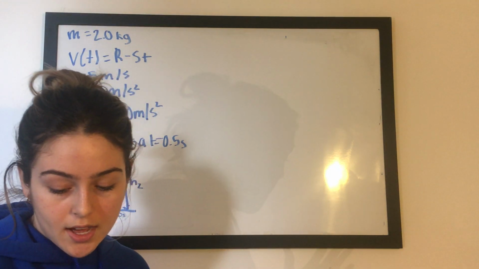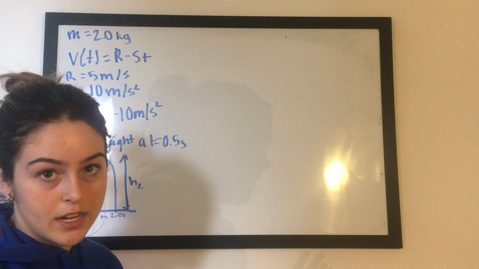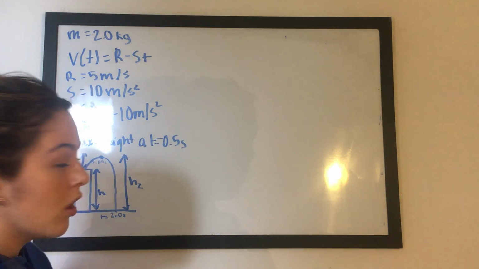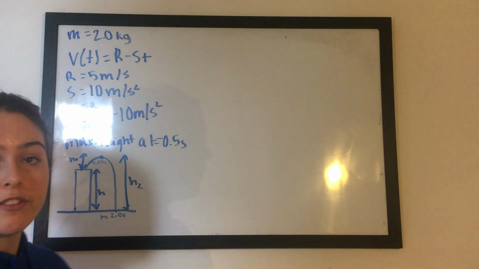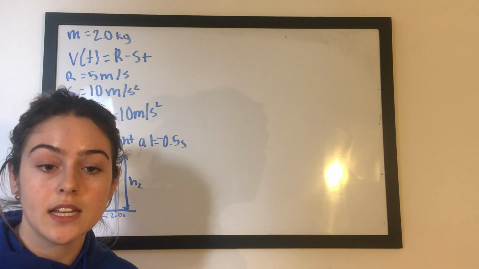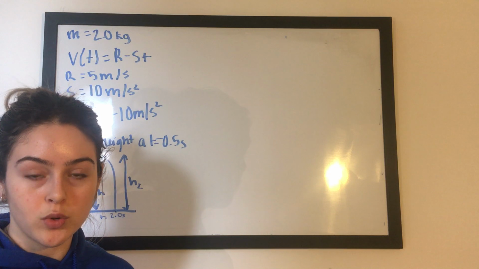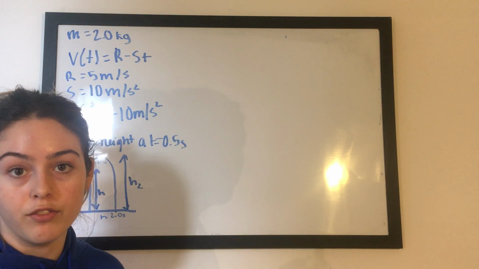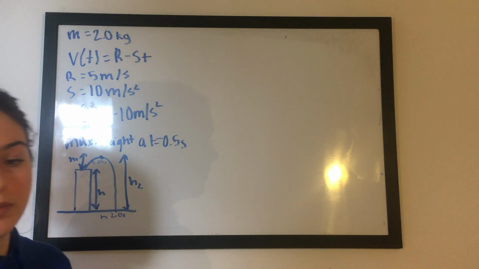I'm going to start with finding the initial velocity of the ball during the time period from 0 to 0.5 seconds, so that I can then apply that initial velocity into the equation of motion to get the displacement of the ball, which is also known as height 1.